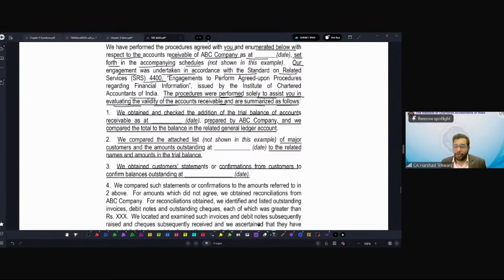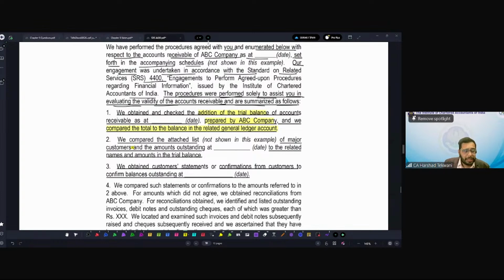Now see what they are doing here. One, they are doing the addition of the trial balance of account receivables that is prepared by ABC. So there is an addition which is being done, and they are comparing it to the total balance in the general ledger. So sub ledger, general ledger, addition and check they are doing.